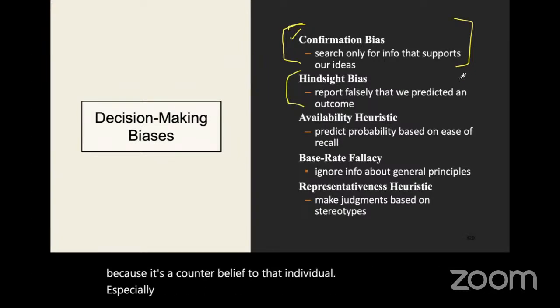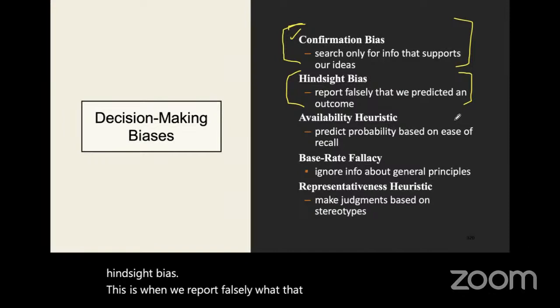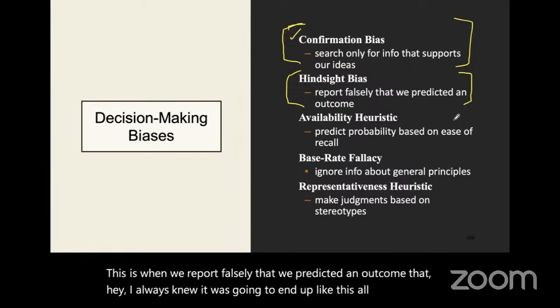Especially when we get stressed, we also have what's called a hindsight bias. This is when we report falsely that we predicted an outcome, that, hey, I always knew it was going to end up like this all along because X, Y, Z, okay?